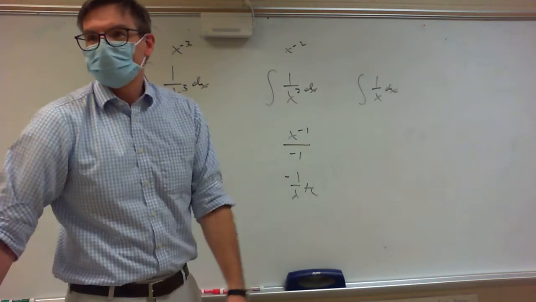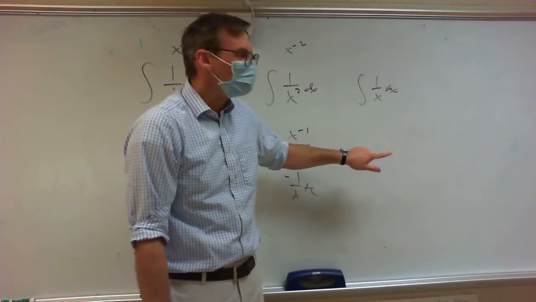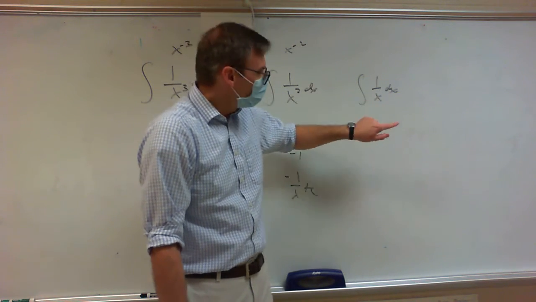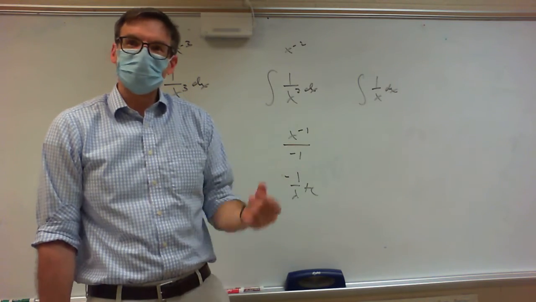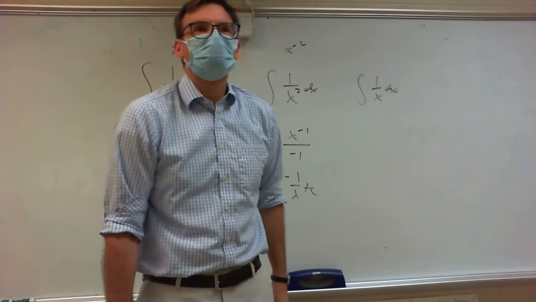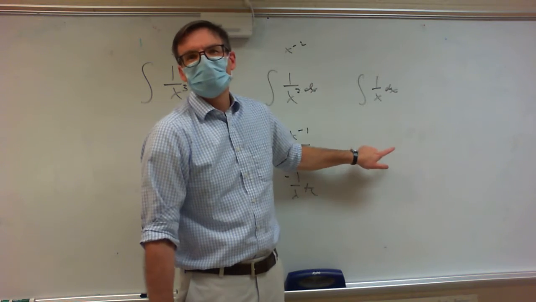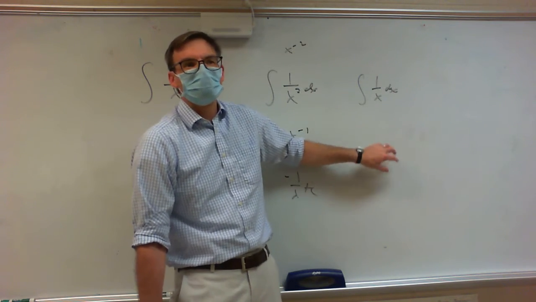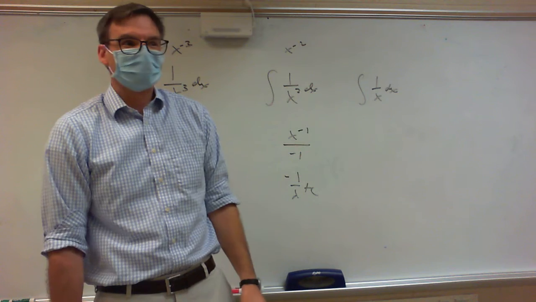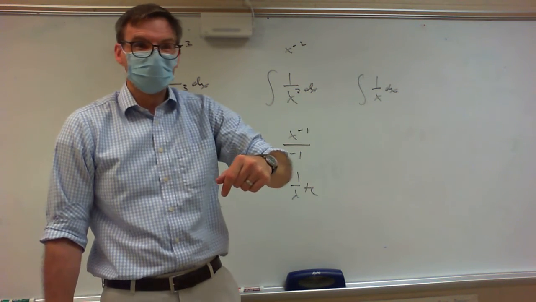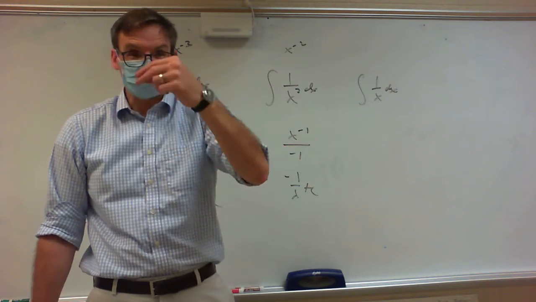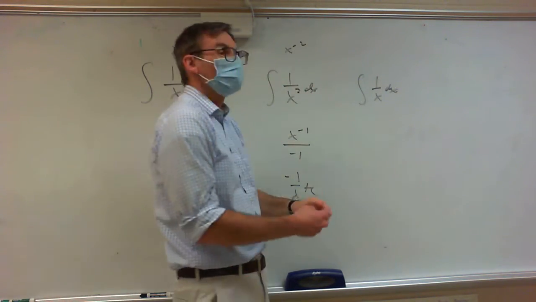So now the trick is, remember, your job is to think of something that when you take the derivative, you get this. You have to go back to January. Can you think of something that when you take the derivative, you get 1 over x? ln. Natural log. Do y'all remember that? Does everybody remember the derivative of natural log x is 1 over x?